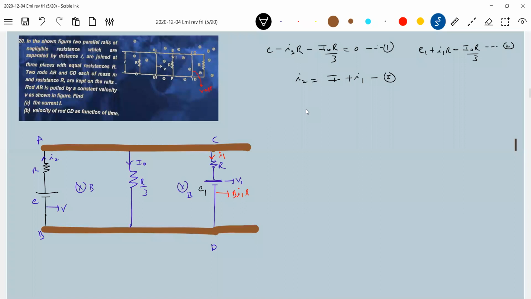Okay, let me begin here. I2 is equal to E minus I naught R by 3, all divided by R, where E is BLV. This is equal to I naught.